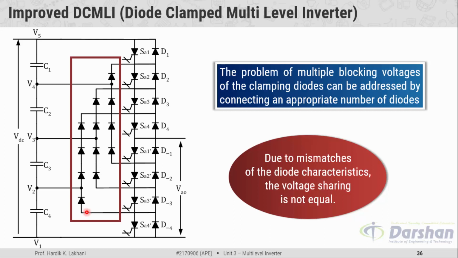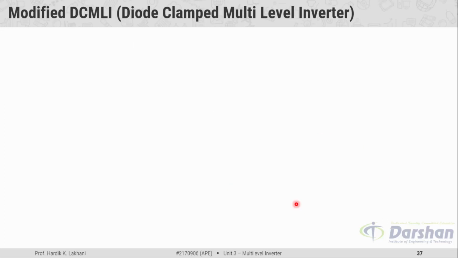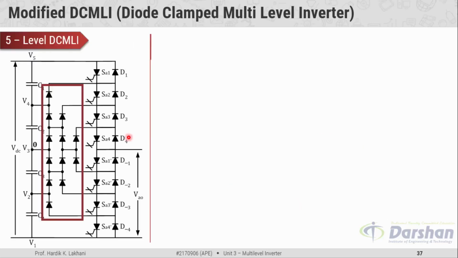But this connection may not ensure the proper distribution of the voltage across each of the clamping diodes, and the reason is mismatch of the diode characteristics, so the voltage sharing may not be equal. So what should be the solution for this? We can resolve this problem by having the modified diode clamp multi-level inverter, where each of the terminals of all the clamping diodes would be provided one junction.